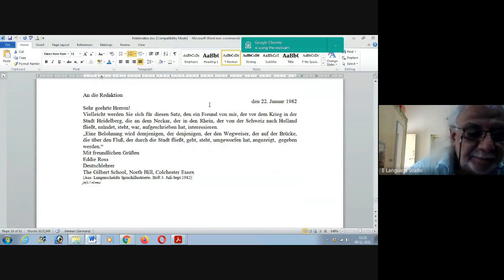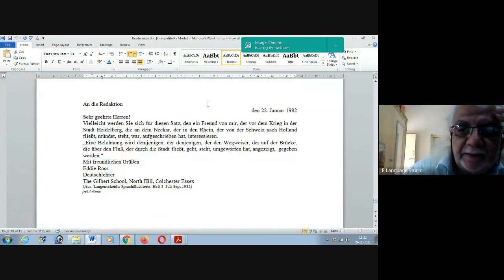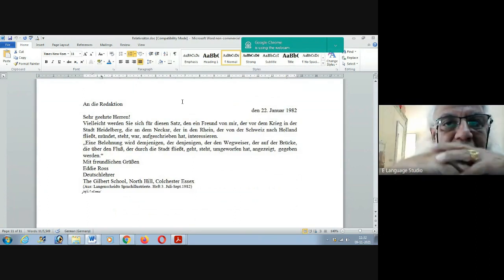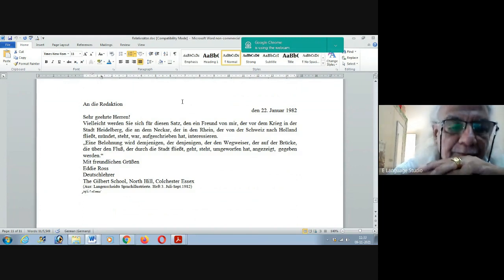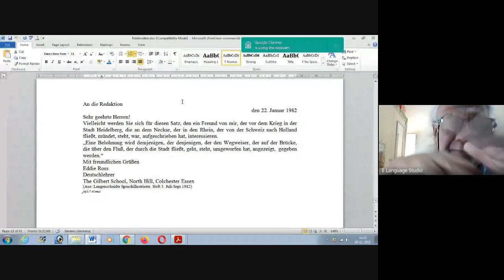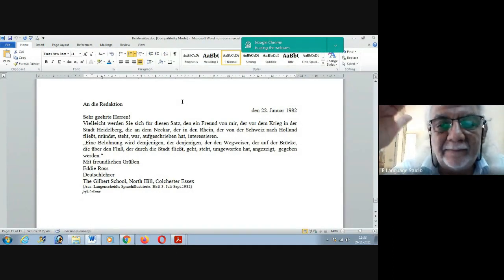And the last page here has a very interesting and fun sentence to read as a relative Satz. Because the rule is that a relative Satz defines a noun, qualifies a noun, gives you extra information about that noun. So it is possible to give information after information on each noun that appears in a relative Satz.